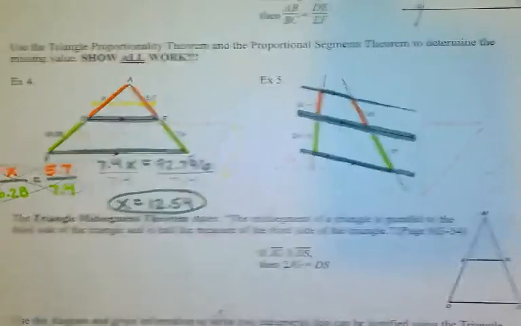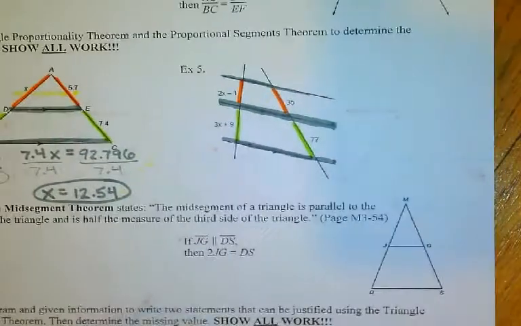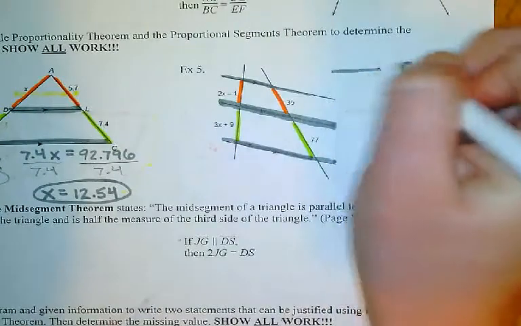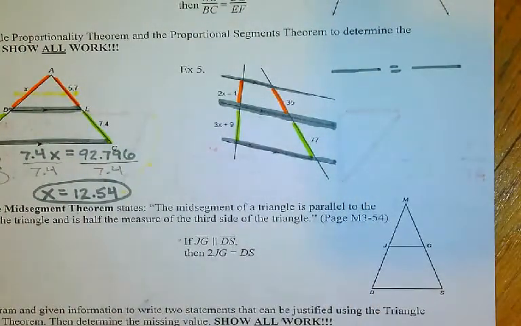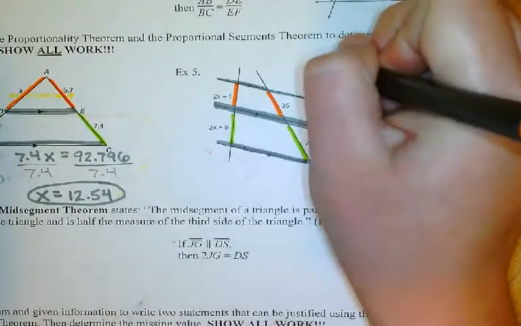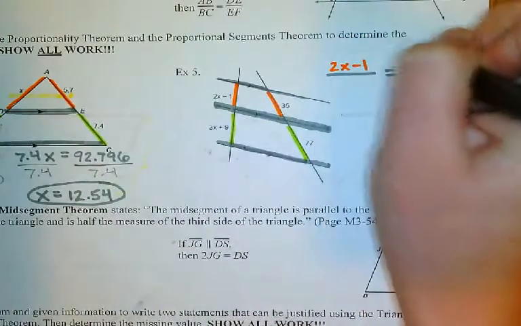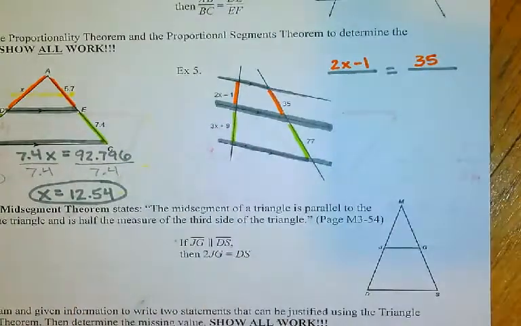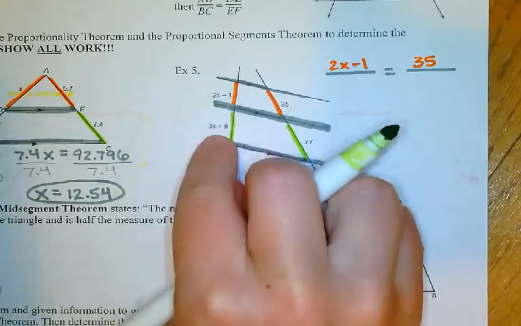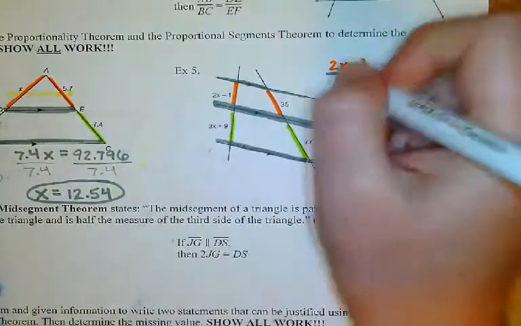So when we set this up, the way that I'm going to set it up is exactly the way that I see it. I see 2x minus 1 and 35 on the top. So I'm going to put them both on top. And then in my denominators, underneath the 2x minus 1 is 3x plus 9.